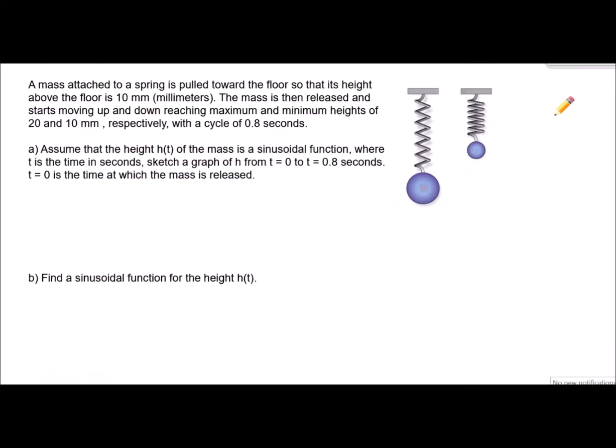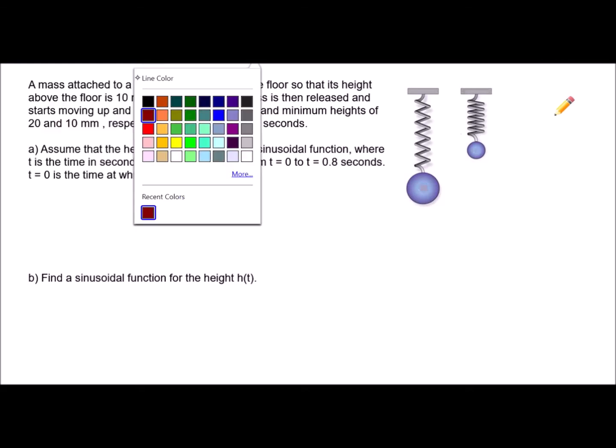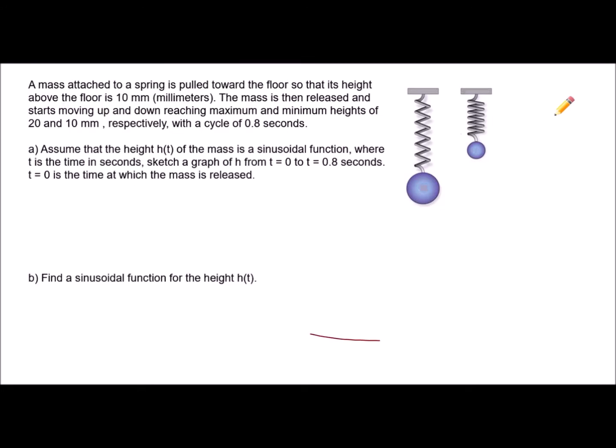Okay, let's try some applicational problems. This one is a mass attached to a spring is pulled toward the floor so that its height above the floor, so that's what we're measuring, is height above the floor. So it's attached to a spring and pulled toward the floor so that its height is 10 millimeters.